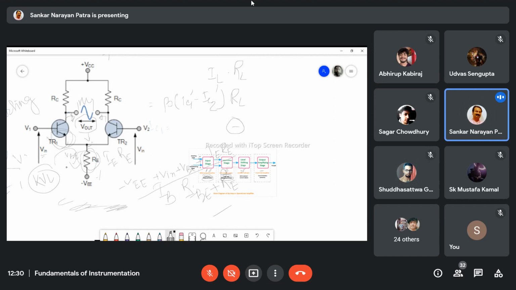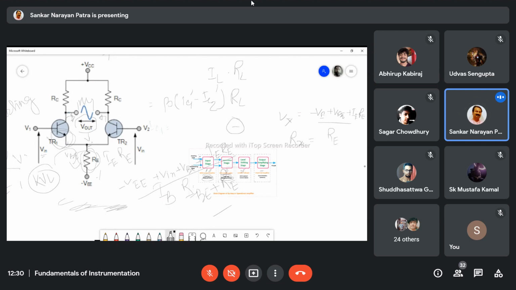So this is IB. Now you will see here V in increasing means current is increasing. The total voltage is minus V plus VB plus IE RE, and a resistance RX, which is RE.